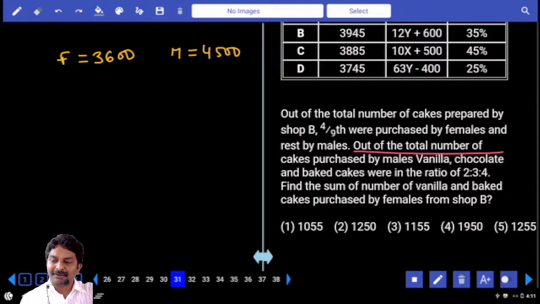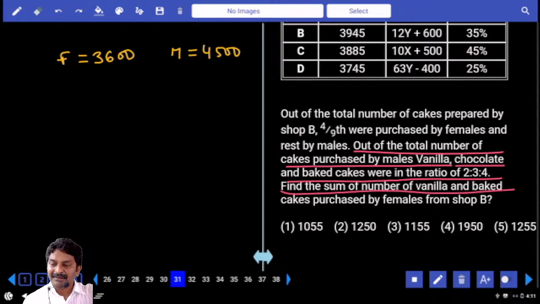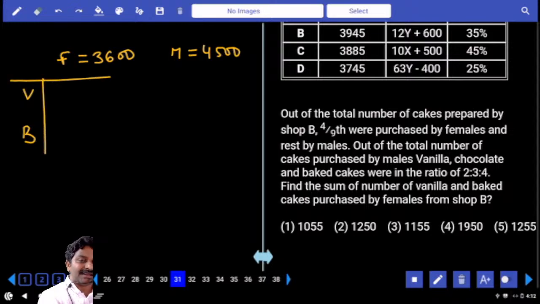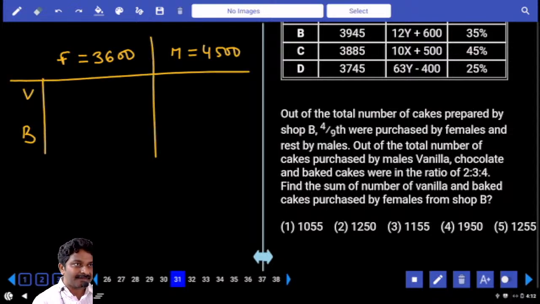Out of total number of cakes purchased by male, vanilla, chocolate and baked cakes were in the ratio 2:3:4. Find the sum of the number of vanilla and baked cakes purchased by female from shop B. Order is important.